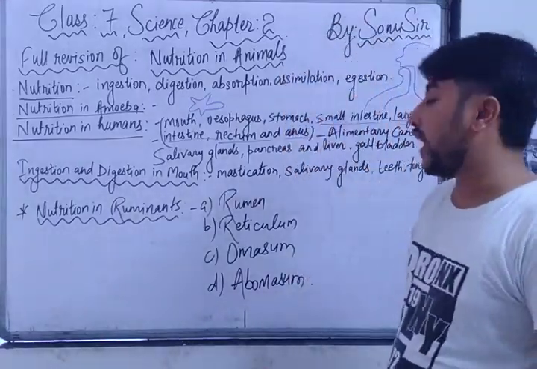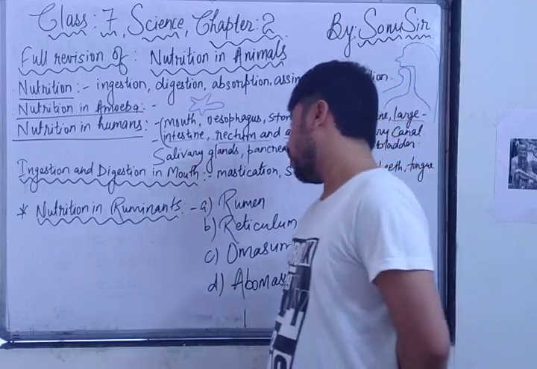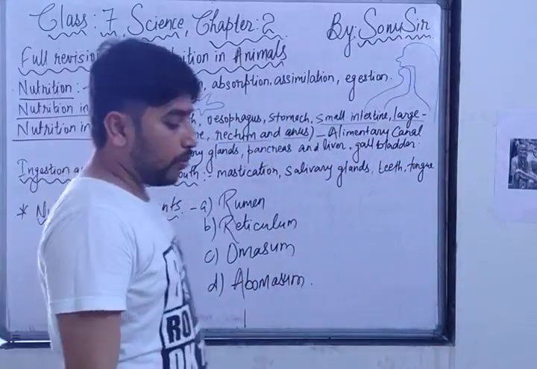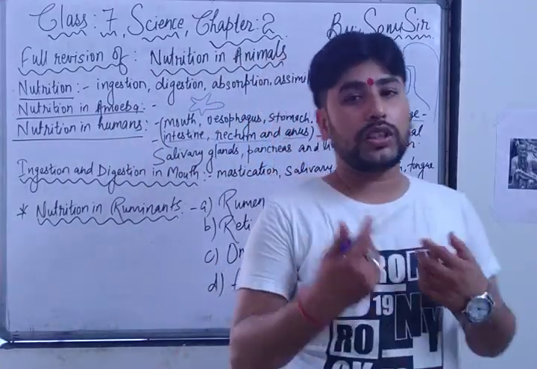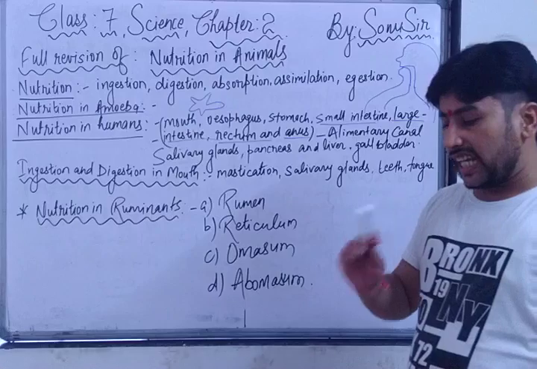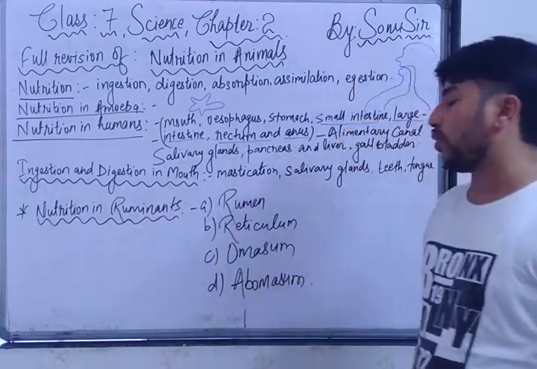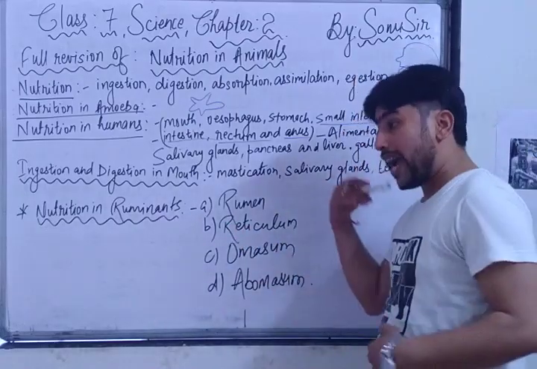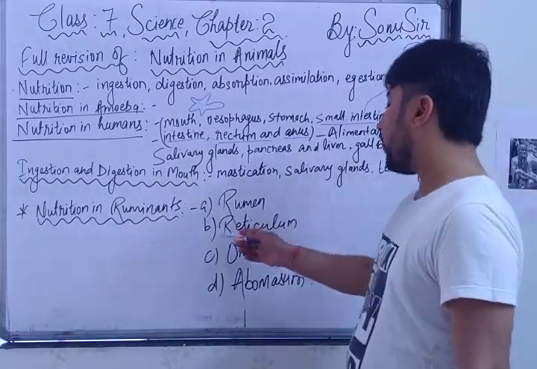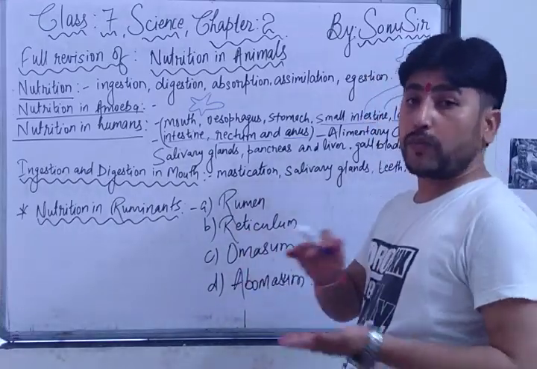In ruminants, there are four parts for digestion: rumen, reticulum, omasum, and abomasum. First of all, after chewing, the food is sent to the first stomach, called rumen. This rumen digests with the bacteria and sends it to the reticulum. Then it goes on to the omasum, because half the food is digested.